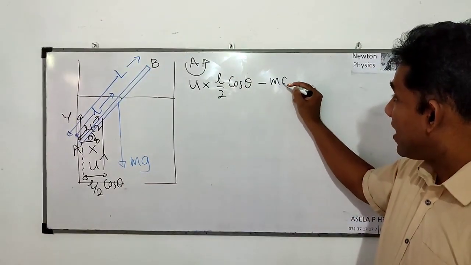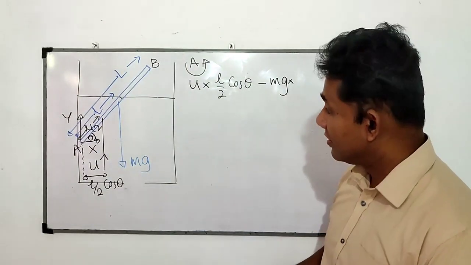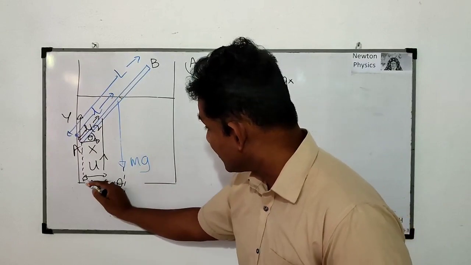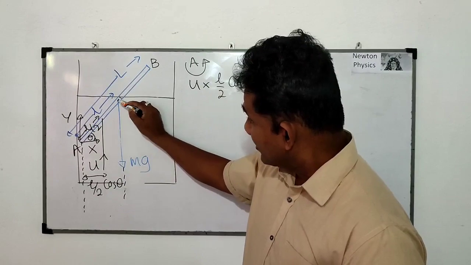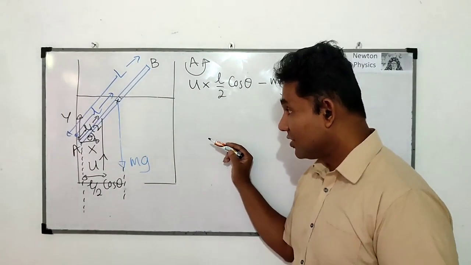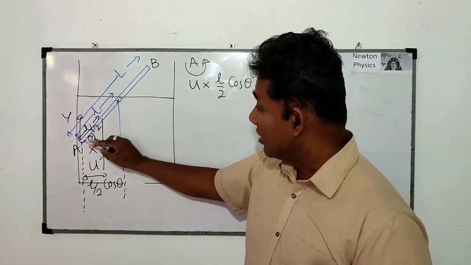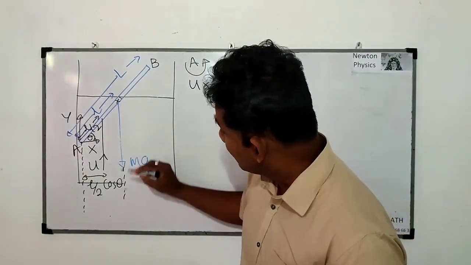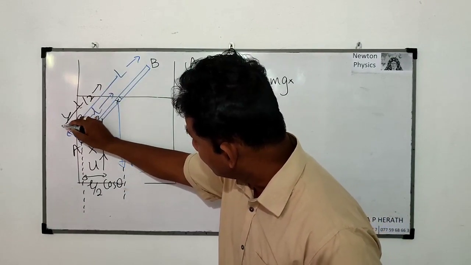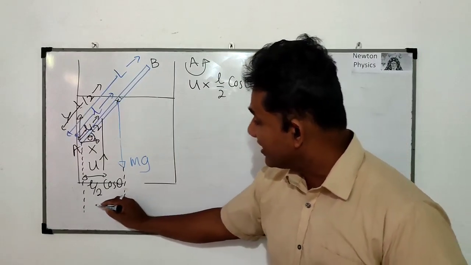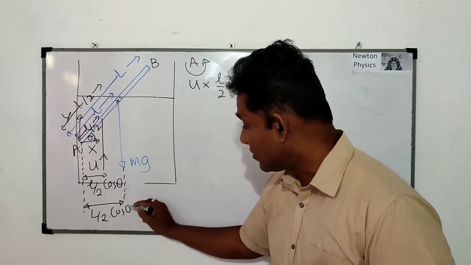And the moment formed by the weight of the rod is negative. Again I need this perpendicular distance. Now we know that the center of gravity of this uniform rod is at a distance capital L divided by 2 from point A. So this distance is capital L divided by 2 cos theta.